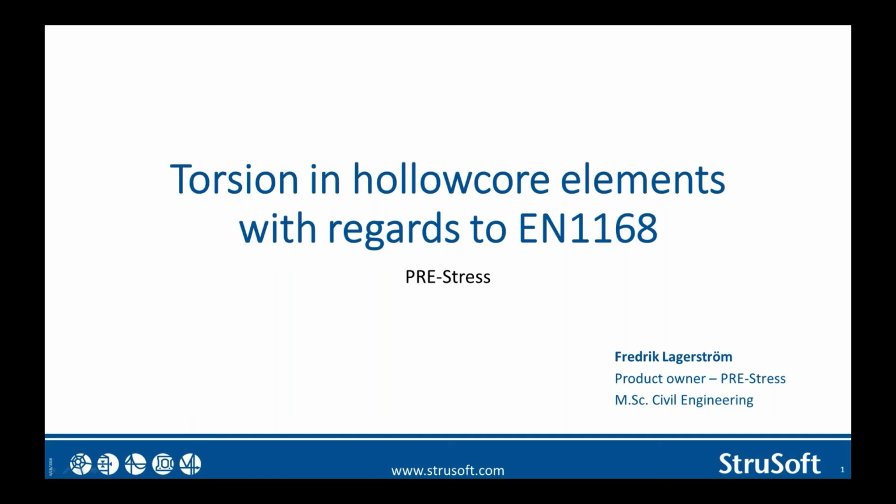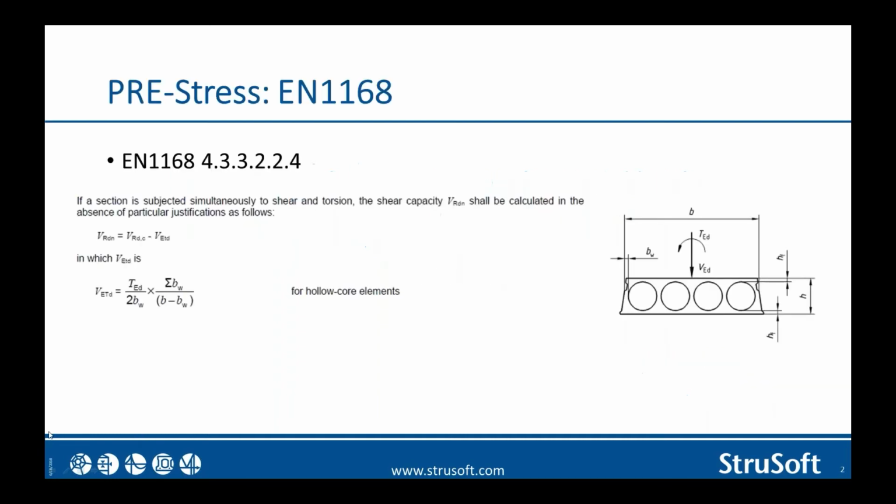I will just have a short presentation of the torsion of hollow core elements with regards to EN 1168. EN 1168 is the product standard of the hollow cores, and there it is stated that the effect of the torsion should be reduced from the capacity of the shear of the hollow cores.